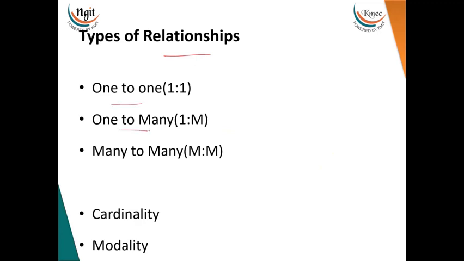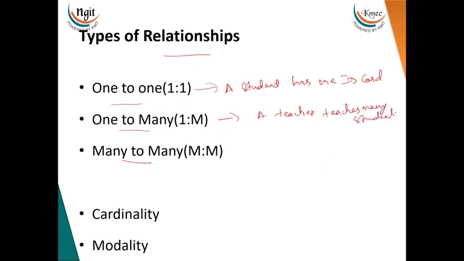The types of relationships are one-to-one, one-to-many, and many-to-many. Let us take the earlier example of a student to define one-to-one. A student has only one ID card, so this is one-to-one. What is one-to-many? A teacher teaches many students. This is one-to-many.